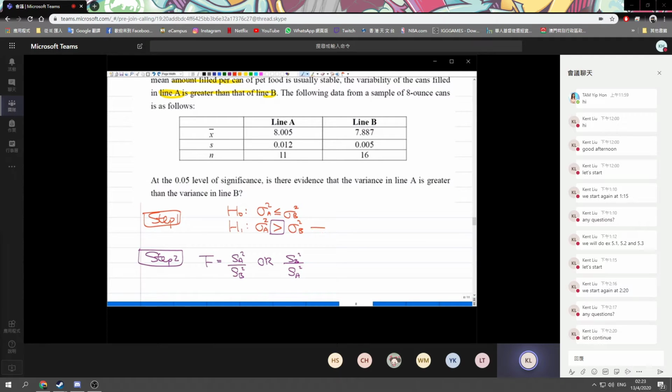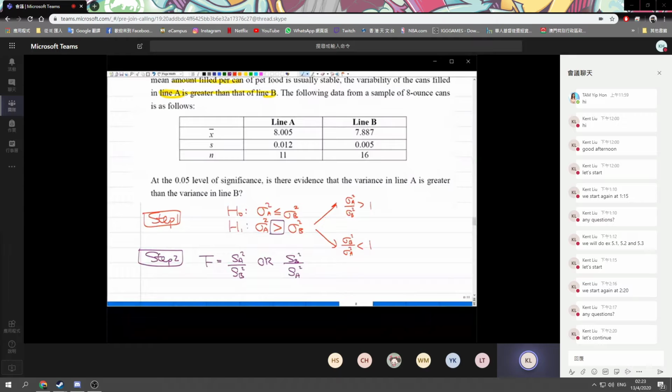Now, when you look at the alternative hypothesis, there are two possible outcomes. You can have sigma squared A over sigma squared B greater than 1, or you put it on the other side, sigma squared B over sigma squared A, but then that will be less than 1. Agree?